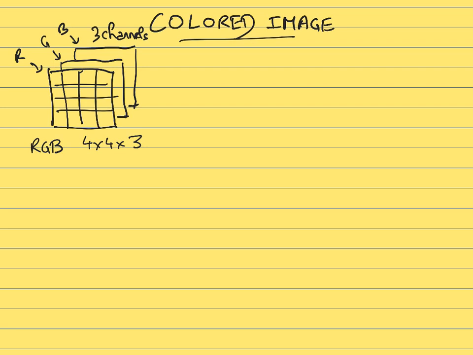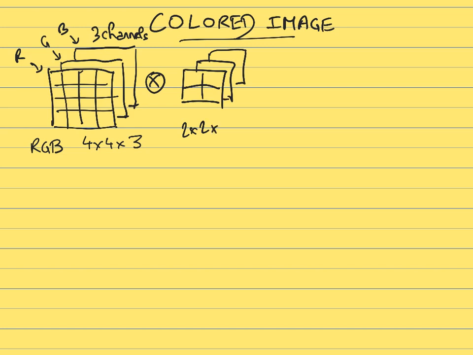Now when you do a convolution with this, your layer will need to have the same dimension. So instead of being, for example, a 2 by 2 filter, it will need to be a 2 by 2 by 3.